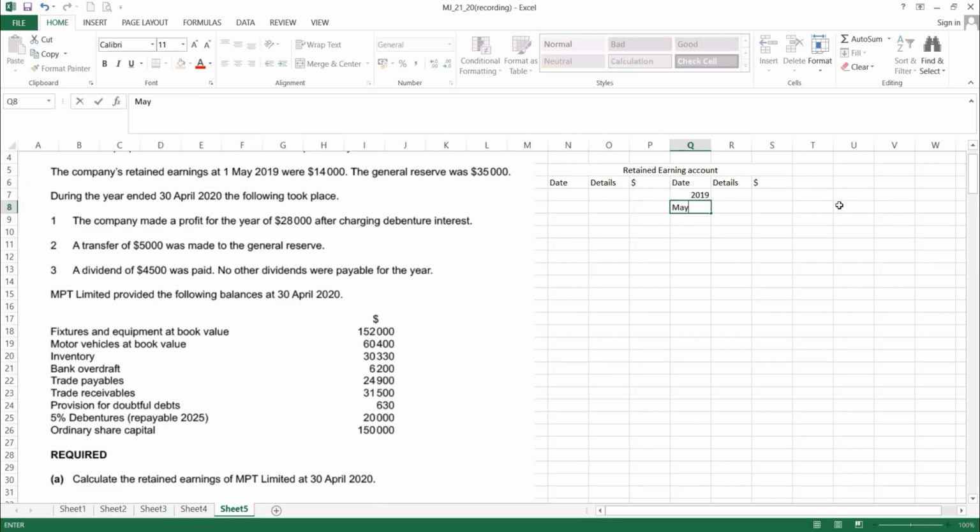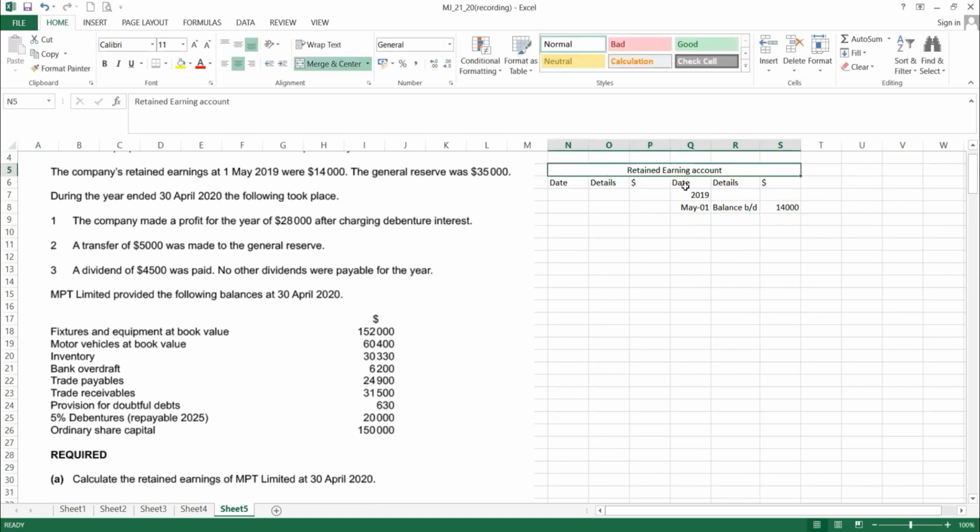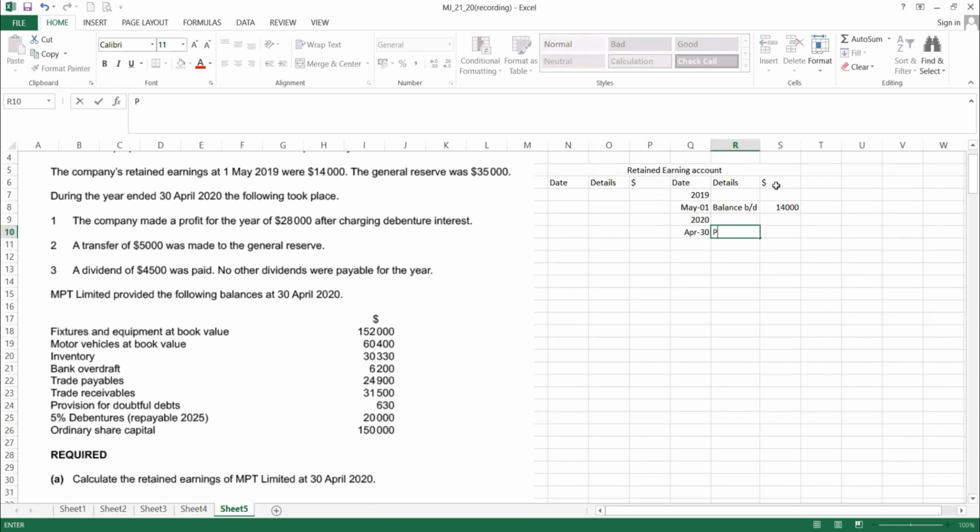Okay, there is the amount of balance brought down in the credit side because this is an equity section. Retained earnings is under the equity section. So during the year the transactions that took place: the company made a profit for the year of 28,000 after charging debenture interest. That means on this year, 2020 April 30th, this is the profit for the year that they earned.